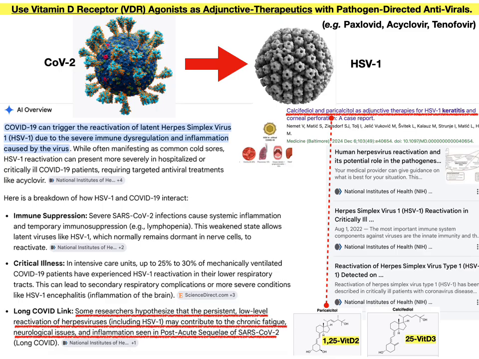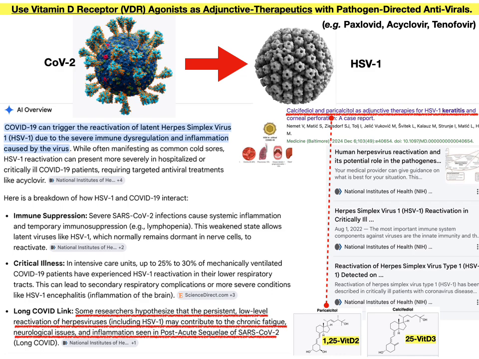This final slide summarizes concepts that we have been discussing, particularly the use of vitamin D receptor agonists as adjunctive therapeutics to be used with pathogen-directed antivirals. What is a pathogen-directed antiviral? These drugs have been designed to interfere with enzymes or other proteins required for viral replication.